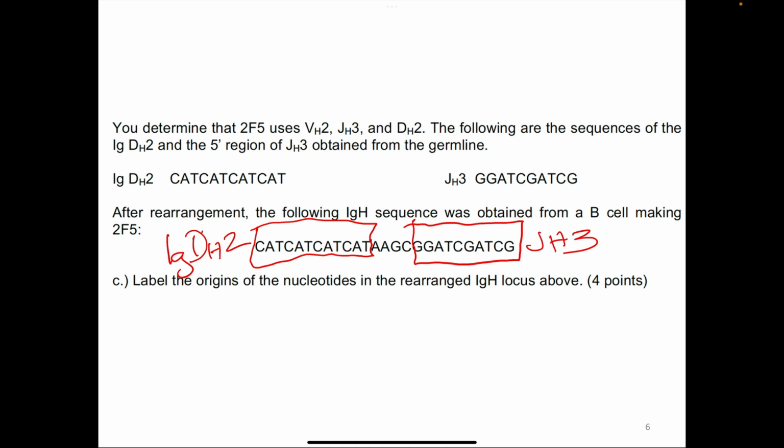And so we have to remember that the steps go, we add P nucleotides before we add N nucleotides. So if there are P nucleotides, they're sort of closer to the gene segment than the N nucleotides would be. And basically what we're going to do is look on each side, either next to the D or next to the J, and say, are these base pairs that are next to you P nucleotides?